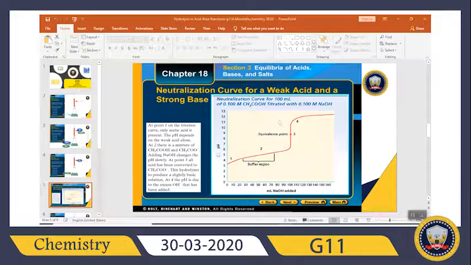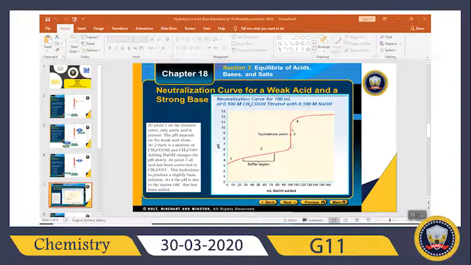So if we explain this curve, we will start with the acetic acid. So the pH is below 7, and you start to add NaOH, but until now you didn't reach equilibrium or equivalent point. So this area is buffer area or buffer region. At the time of equivalence, the amount of the strong base and the weak acid are equivalent.